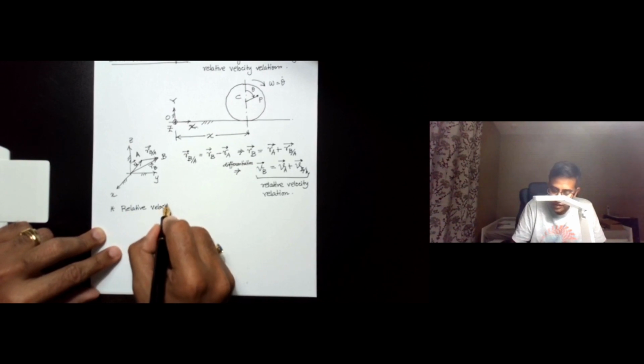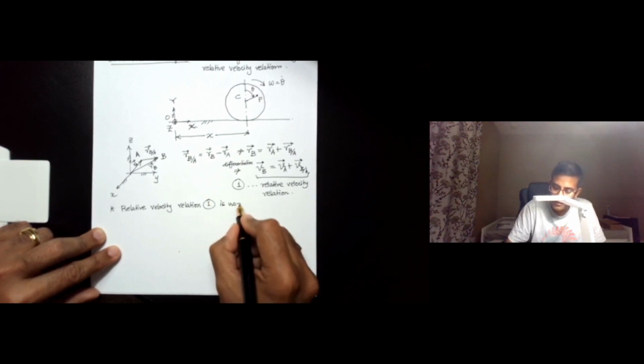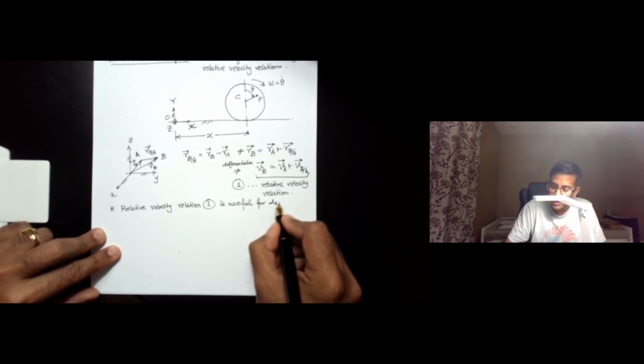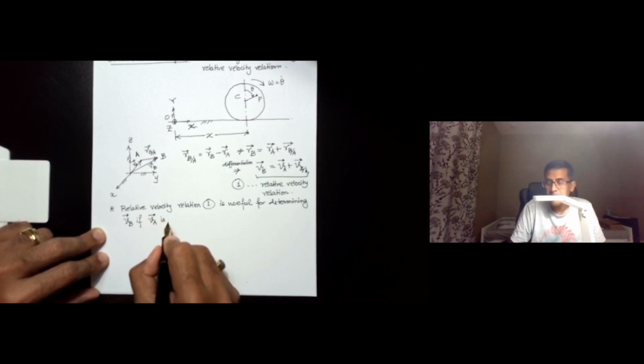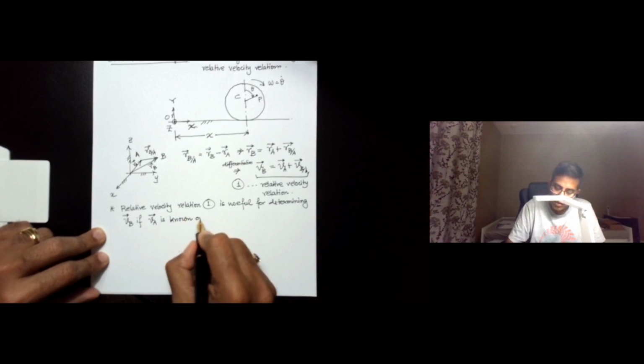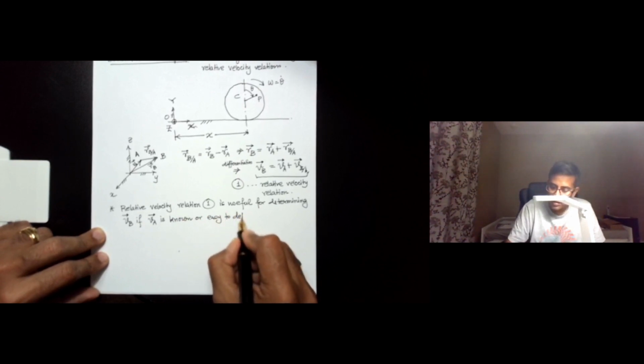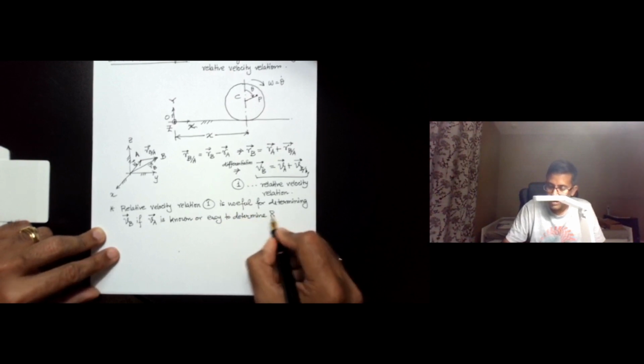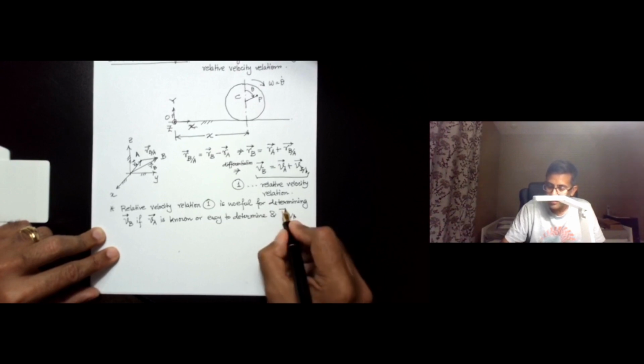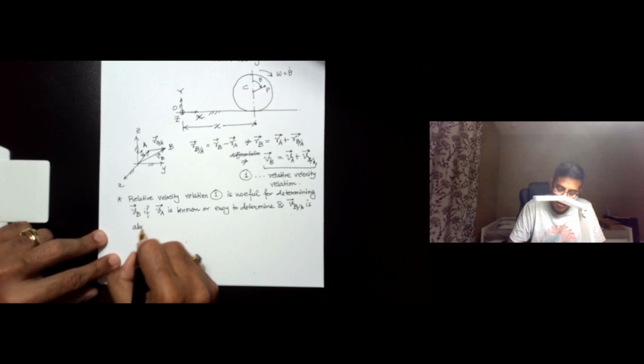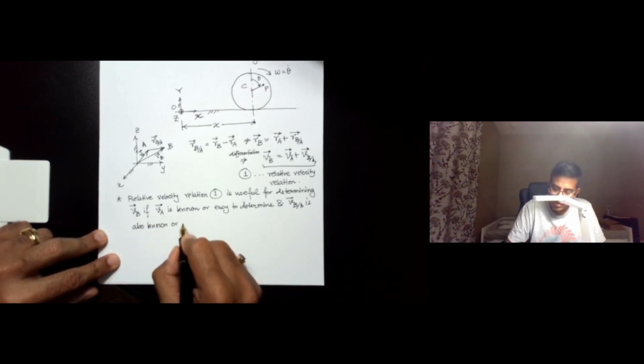So the relative velocity relation, and let's call this equation 1, is useful for determining VB if VA is known or easy to determine, and VB with respect to A is also known or easy to determine.